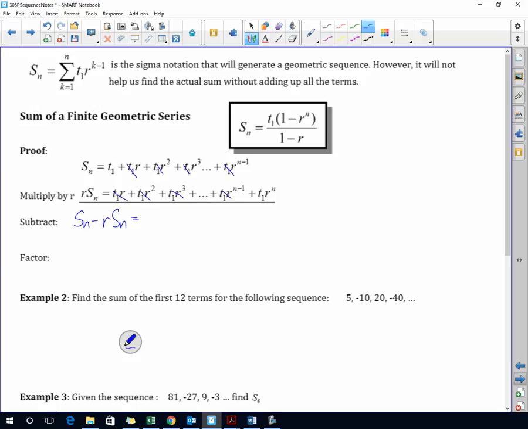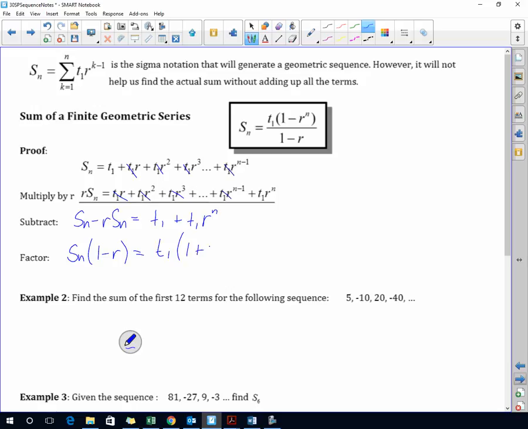Yes, so now I'm going to do a little bit of factoring. So I'm going to factor out the Sn here, and I'm left with 1 minus r. And I'm going to factor out a T1 here, and I'm left with 1 plus r to the power n. And then last step, I'm going to divide, and I get my formula.